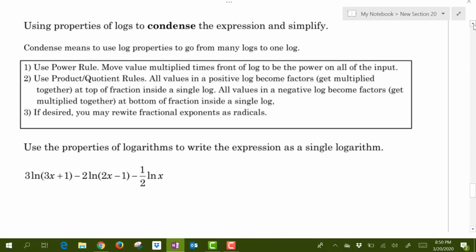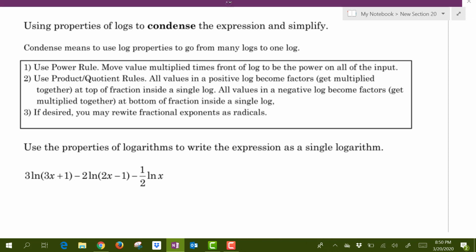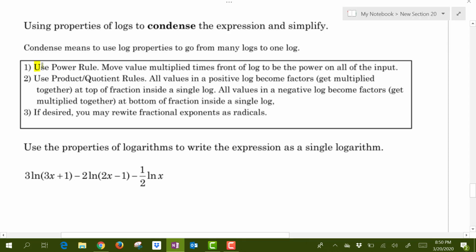The first thing that we always look to do is to use our power rule. So we're going to use the power rule first. Any value that's multiplied out front of the log is going to be put back on as the power on all of the input.